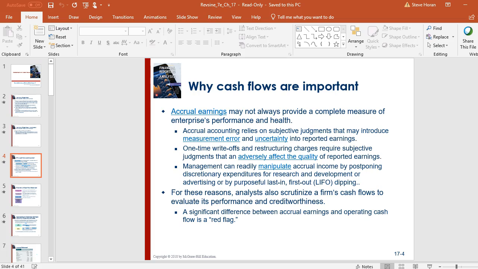So we've talked about a few of those things throughout the class. We can talk about write-offs, things like that too. So you also want to have in the back of your minds what management can do to intentionally make the numbers look not quite as bad as maybe they really are. So the cash flow statement is a way to catch some of those issues. That's why we want to do this.